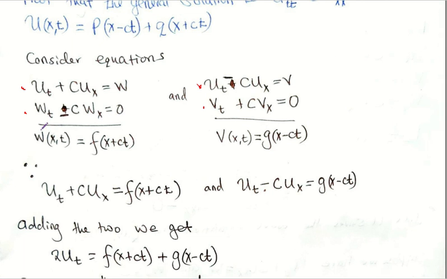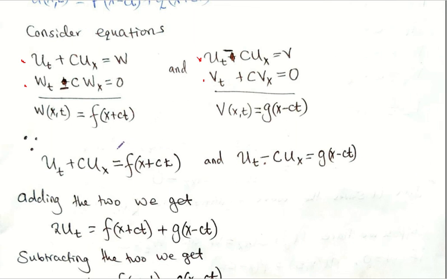If we solve it, we'll get this function w of x,t to be equal to f of x plus ct as the solution. And on this other side, if you solve this forward transport equation, the second one, you will get v of x,t to be equal to a function of x minus ct.